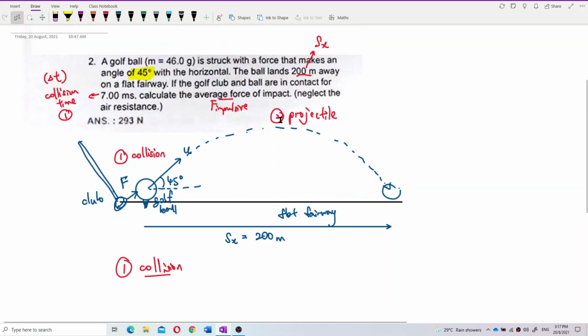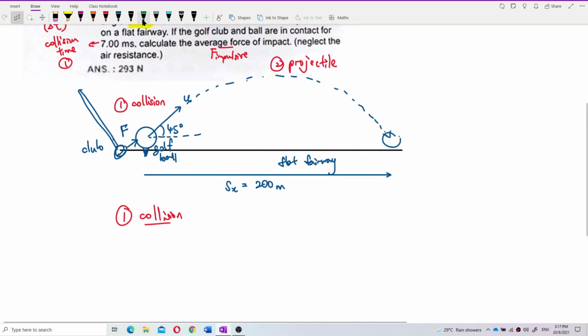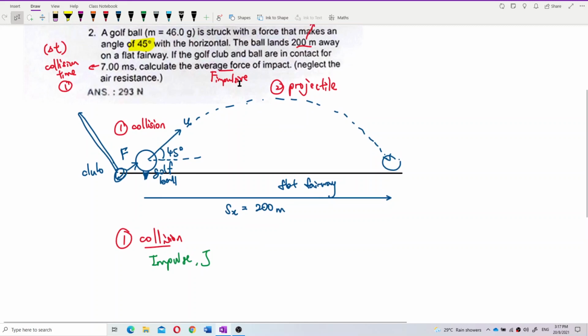We can use the concept of impulse J, because this impulse relates to the impulsive force. You understand? Impulse, but impulse on who? Impulse on the golf ball. That means we use the change of momentum.